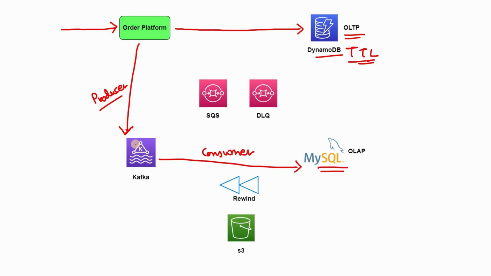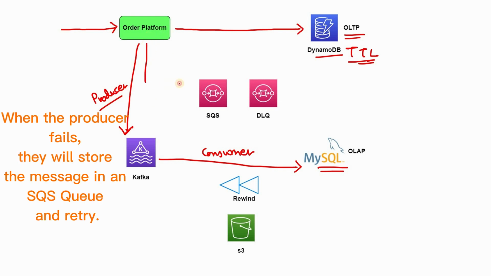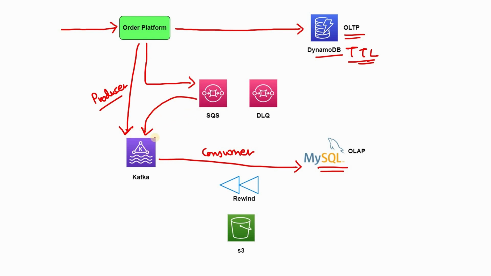So in that case, if Kafka is not reachable, this order platform, using the producer, publishes those events in an SQS queue and temporarily stores them there. And once Kafka is available, from the SQS queue they retry to publish those messages in Kafka. Okay, that way they handle the situation when Kafka is not available by temporarily storing those events in SQS.